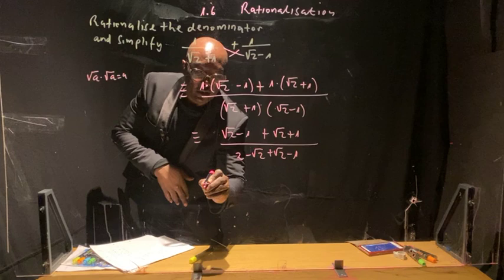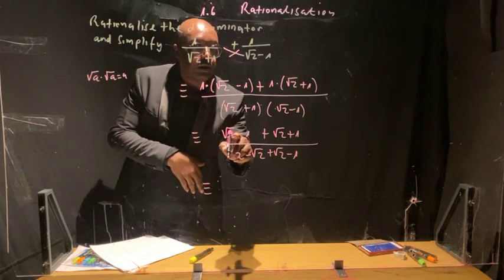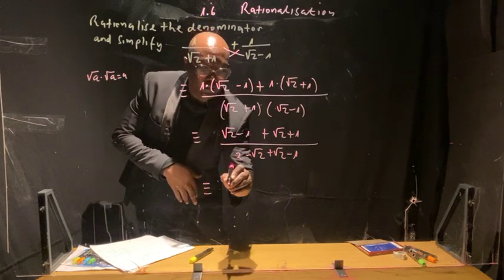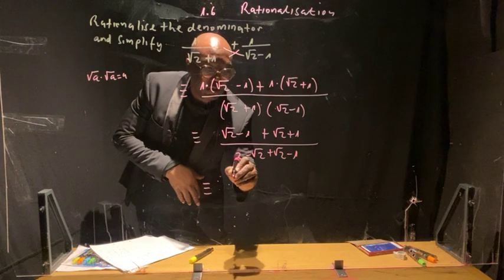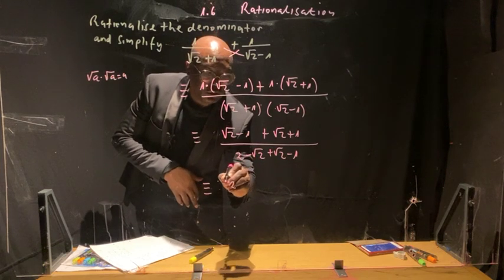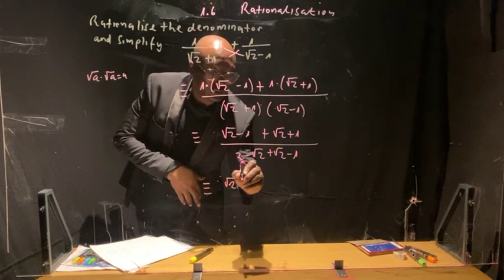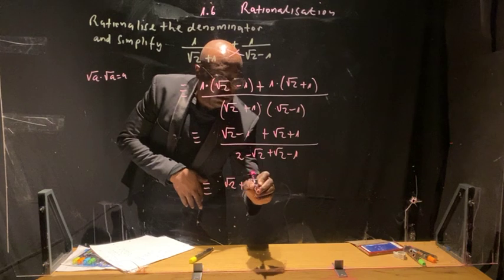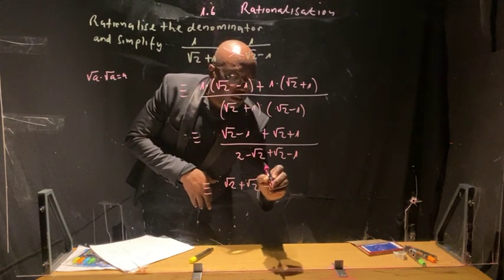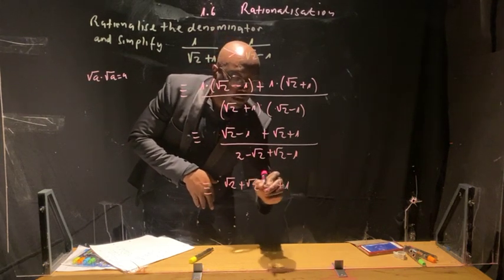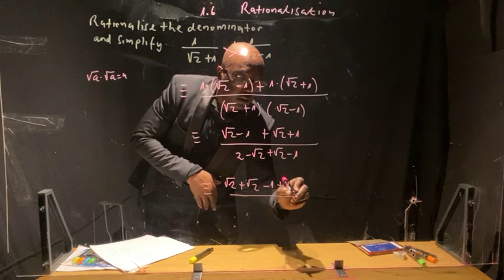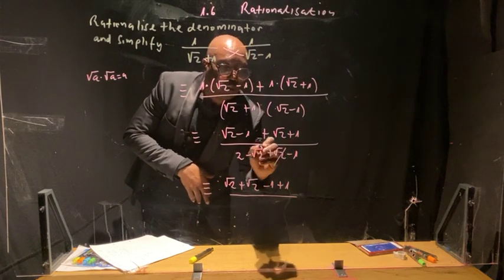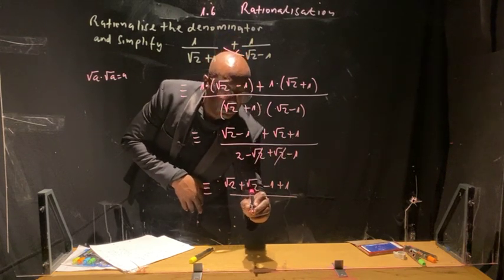Then we go further. You can see that we have up there 2 root 2 plus root 2 minus 1 plus 1. This one cancels this one, so we are left up with 2 minus 1.